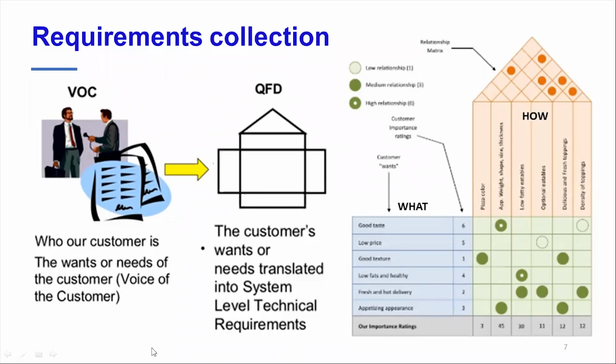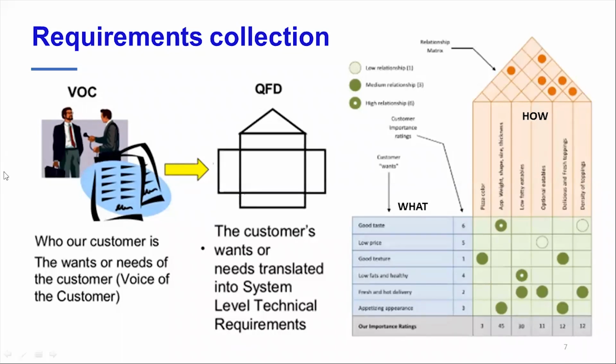Typically your application engineers, or those people who interact with customers, try to gather all these requirements from the customer, exactly as told by the customer. Then they use quality function deployment, or the house of quality, as we know it.